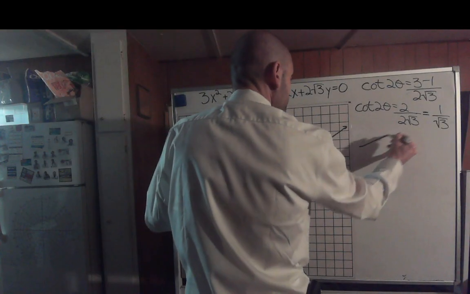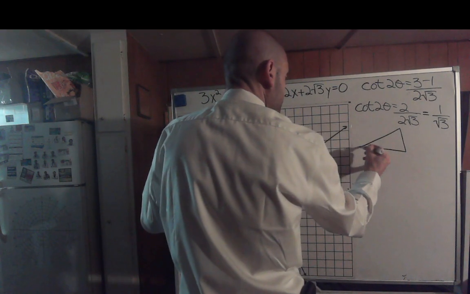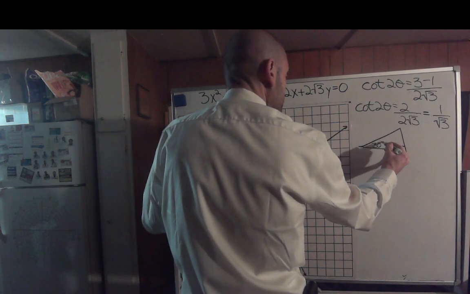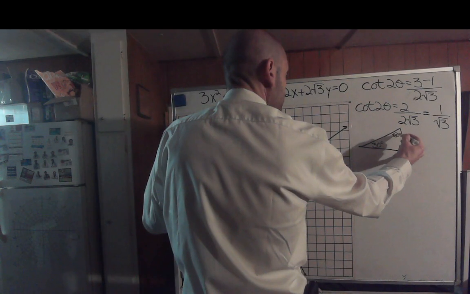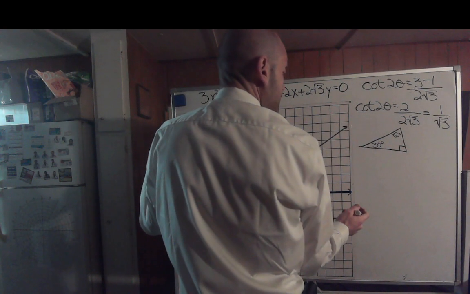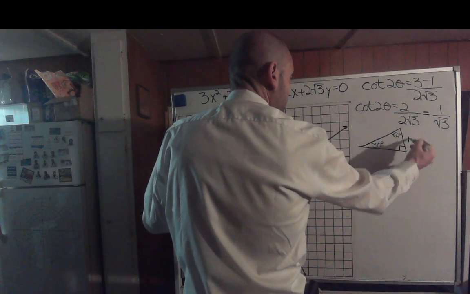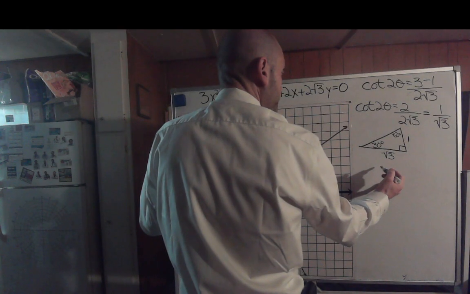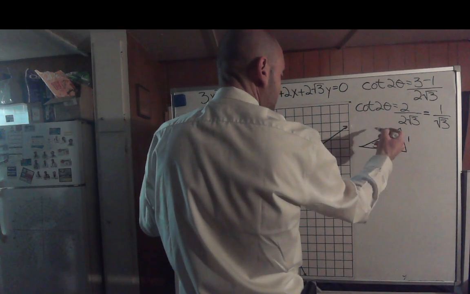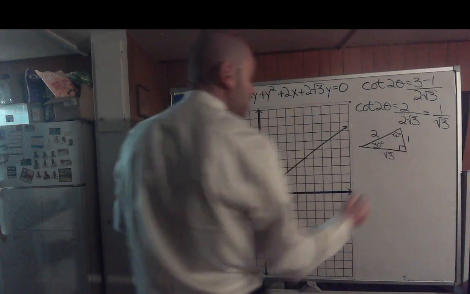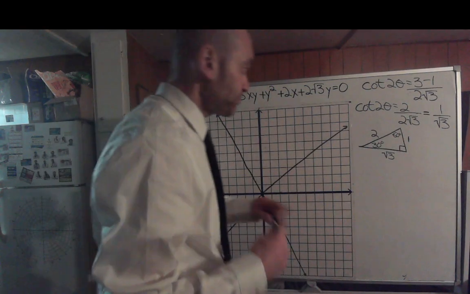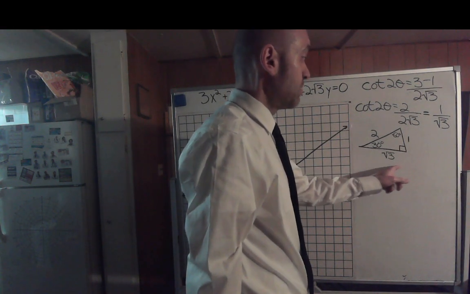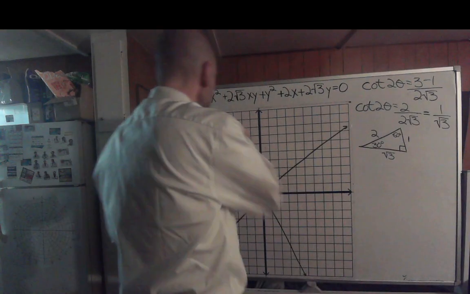Well, let's draw ourselves a 30, 60, 90 triangle. So 30 degrees, 60 degrees, there's the 90. The side across from 30 is always 1. The side across from 60 is always the square root of 3. And the hypotenuse is always 2. Alright, well, the cotangent is adjacent over opposite. 1 over the square root of 3 is 60.